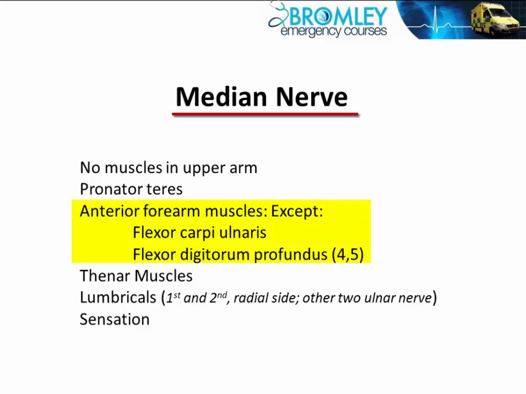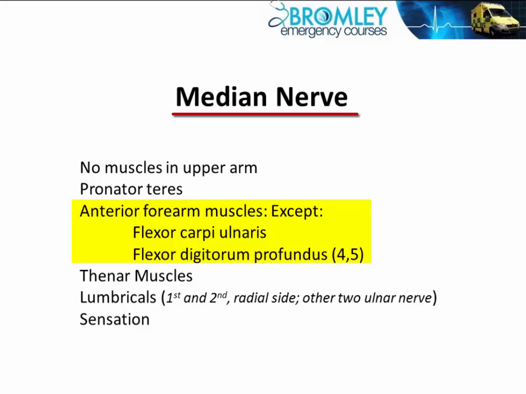And then in the anterior forearm, so if you look down at your arm, all the muscles in your anterior forearm except for two are innervated by the median nerve. Those two are flexor carpi ulnaris and half of flexor digitorum profundus. Now, if you remember, you have two flexors that go from the forearm to each of the fingers.